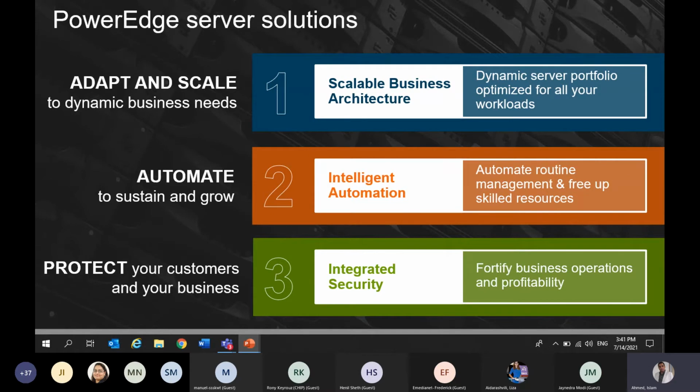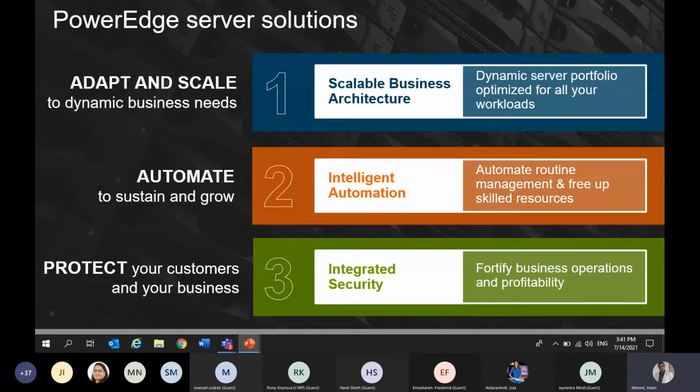So the first challenge is already faced by the scalable business architecture, SBA. I'm focusing on this because it is the key selling point.